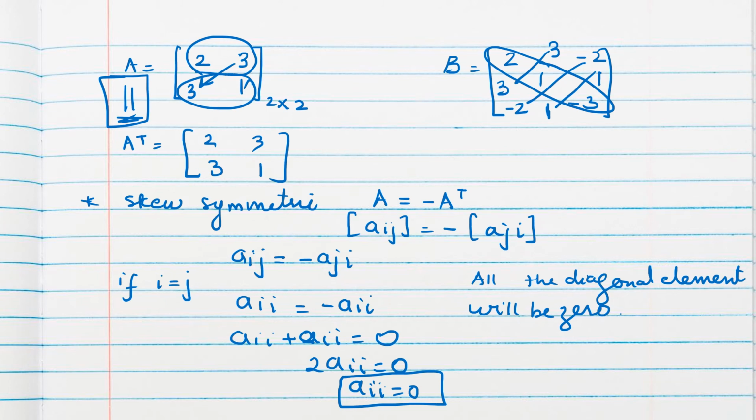Okay? All the diagonal elements should be 0. So how will we write an example here? Suppose for a 2 by 2 matrix, diagonal element should be 0. Okay, and here if it is 2, here write the additive inverse of that number, minus 2. Okay, this is a 2 by 2 example. Skew symmetric example of order 2 by 2 over.